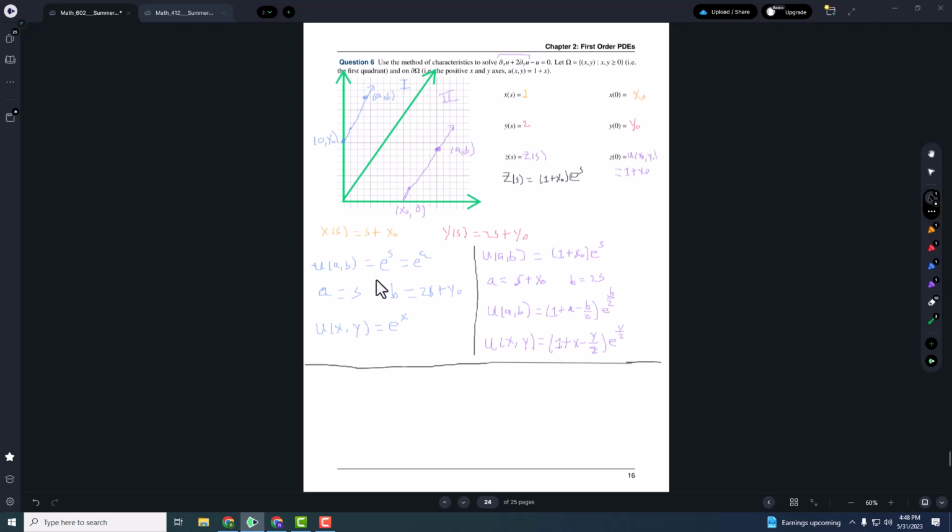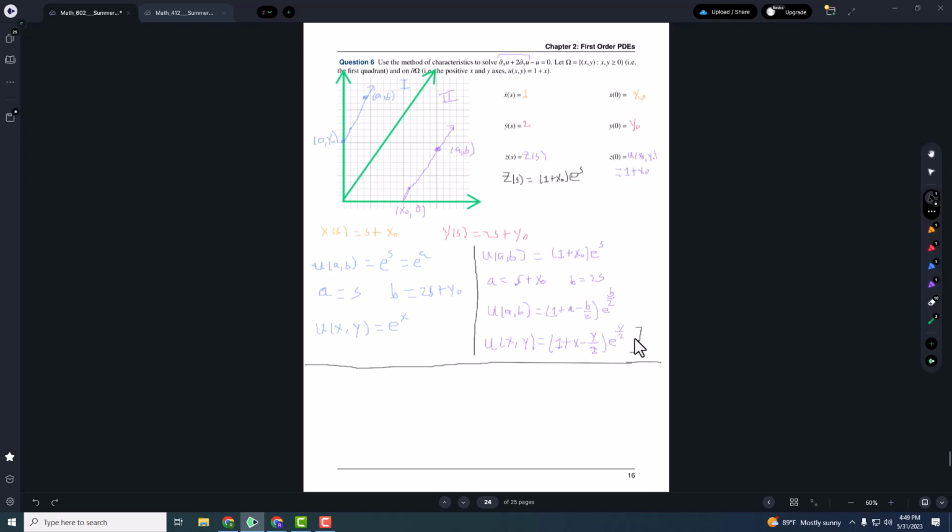Both of these formulas should work if y is equal to 2x. If I plug y equal to 2x into this equation, x minus 2x over 2, this part would be equal to 0, and this becomes what it needs to be. So if I plug in x is equal to x and y is equal to 2x, you can see that this will become just e to the x. I'll let you verify that on your own.